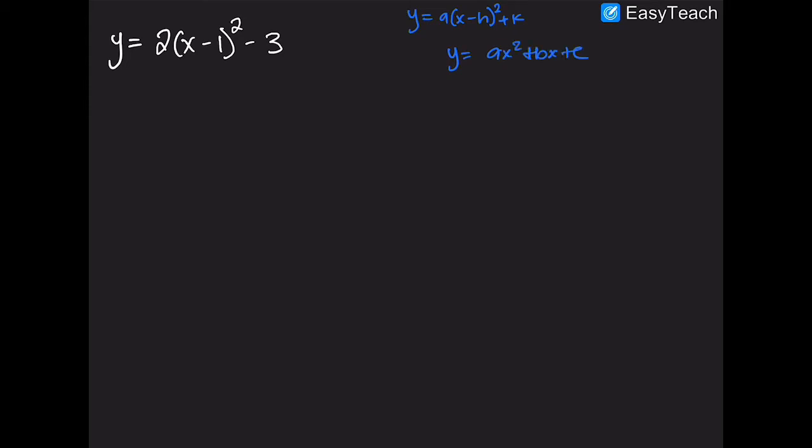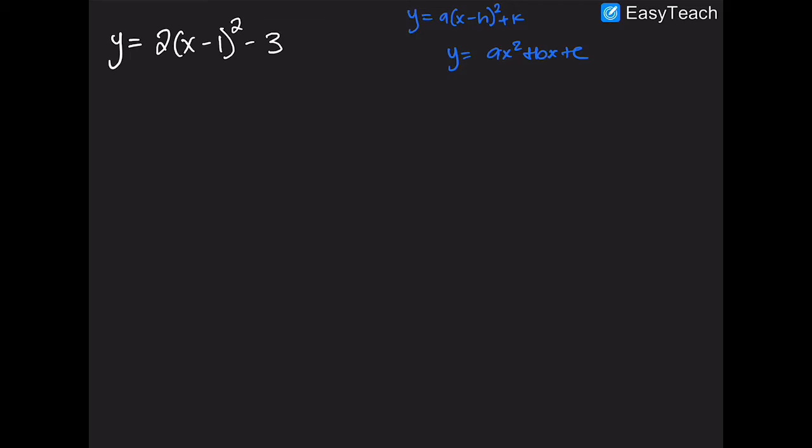So there's a difference. You will be able to tell the difference when you look at a question to determine what form it's in. We also have our line, which is y equals mx plus b. So there are different ways, but I think we will get there. Okay, so we have y equals 2(x minus 1) squared minus 3.